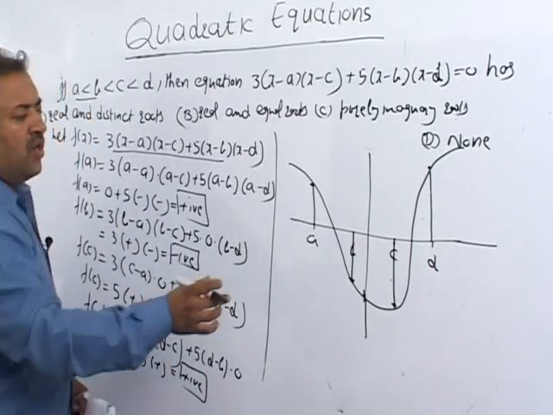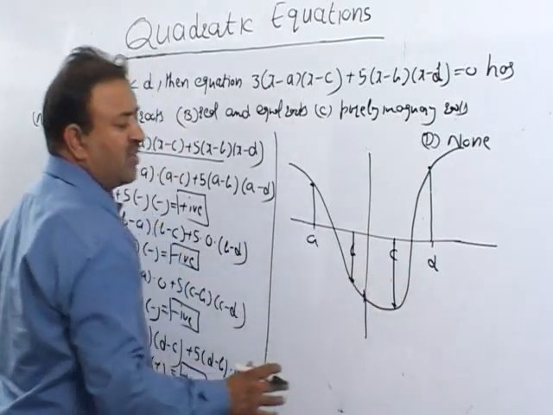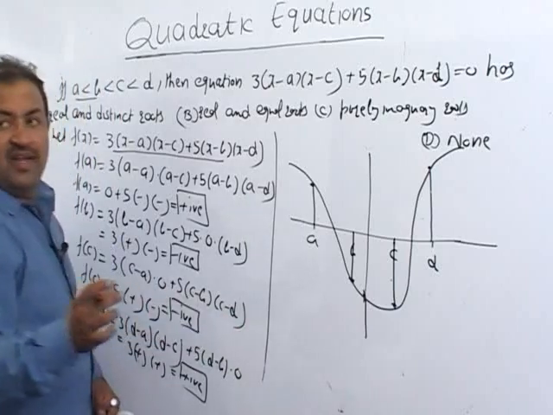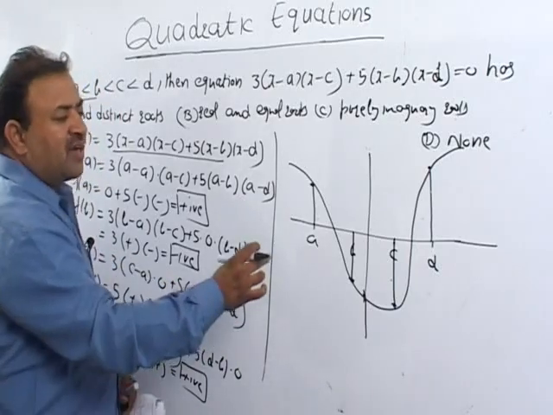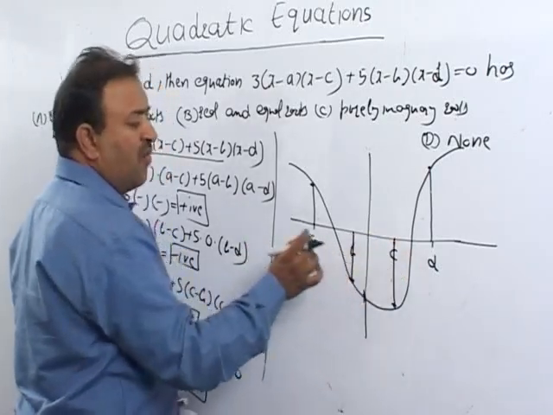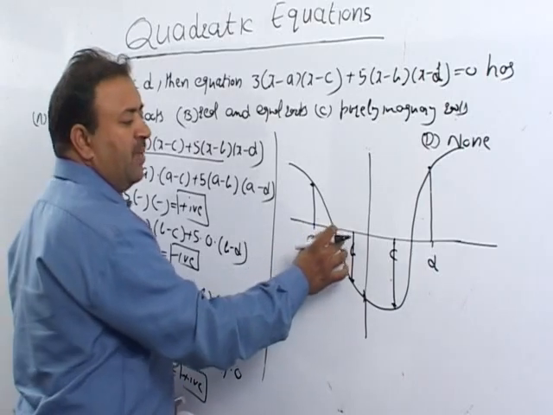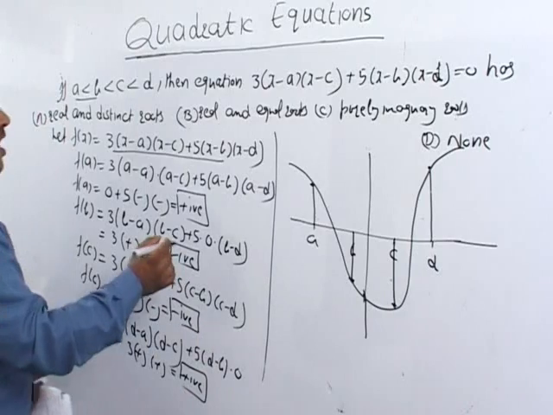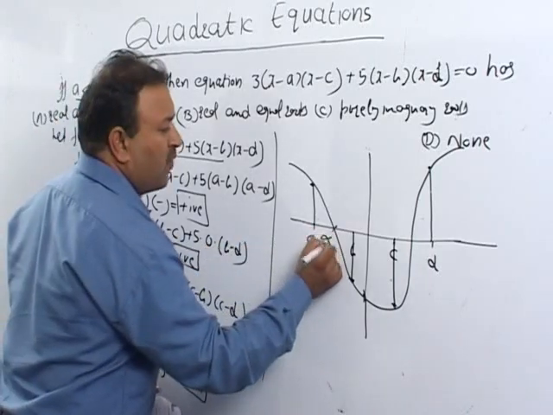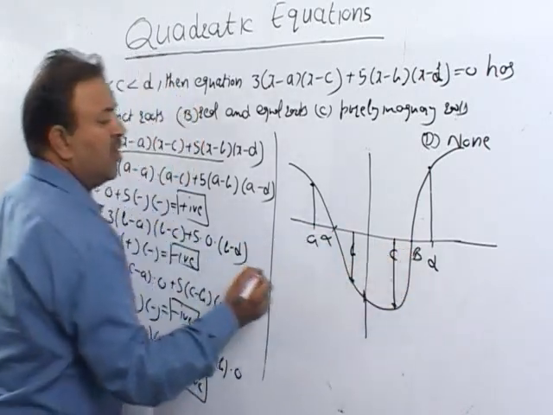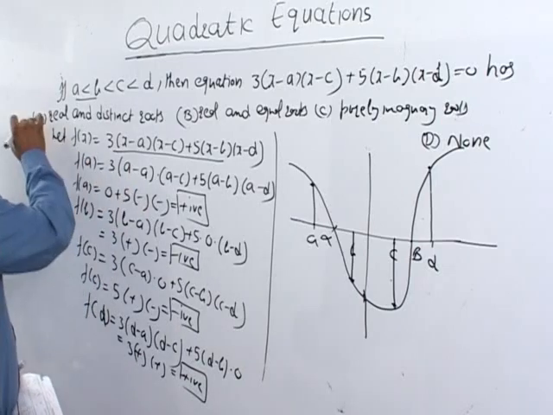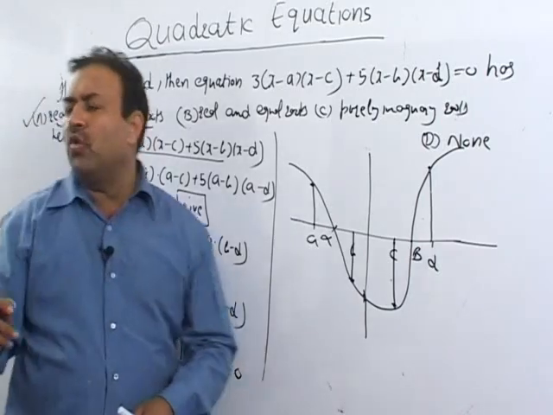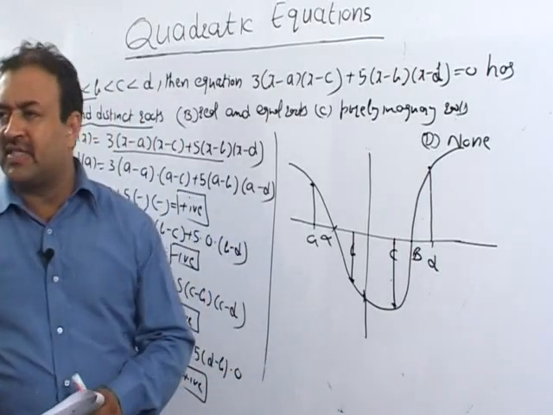On this basis we can say that this curve cuts the x-axis at two points. One point will be between a and b, another between c and d. This shows our roots: one root is alpha, another root is beta. So we can conclude the roots are real and distinct.